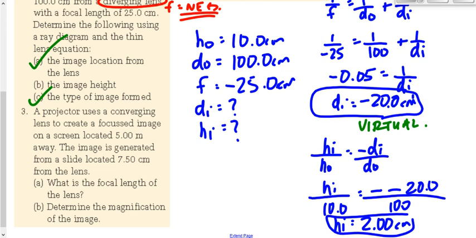And then I just calculated HI, I got a positive value. Oh, it's upright. If I happen to get a negative value for HI, then I did something wrong somewhere, right? Because that would be contradicting what I determined earlier about the orientation of it.